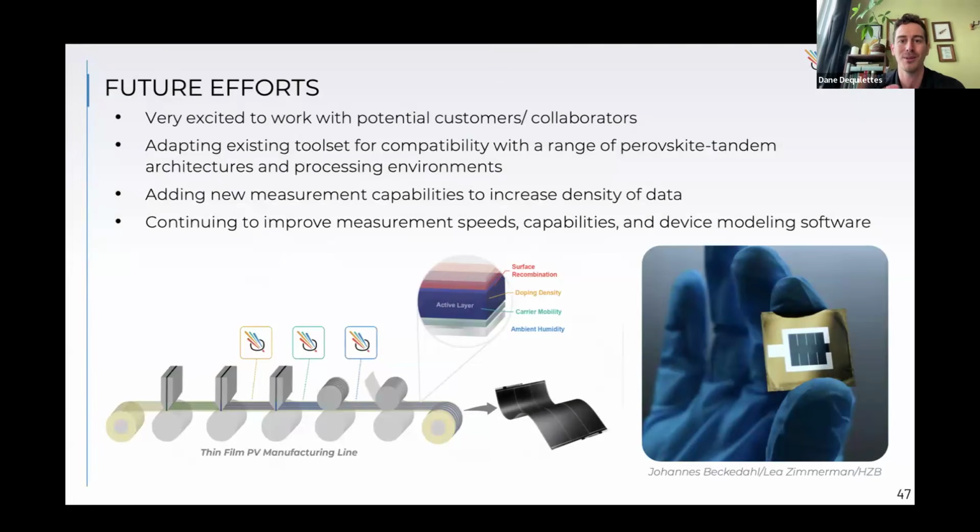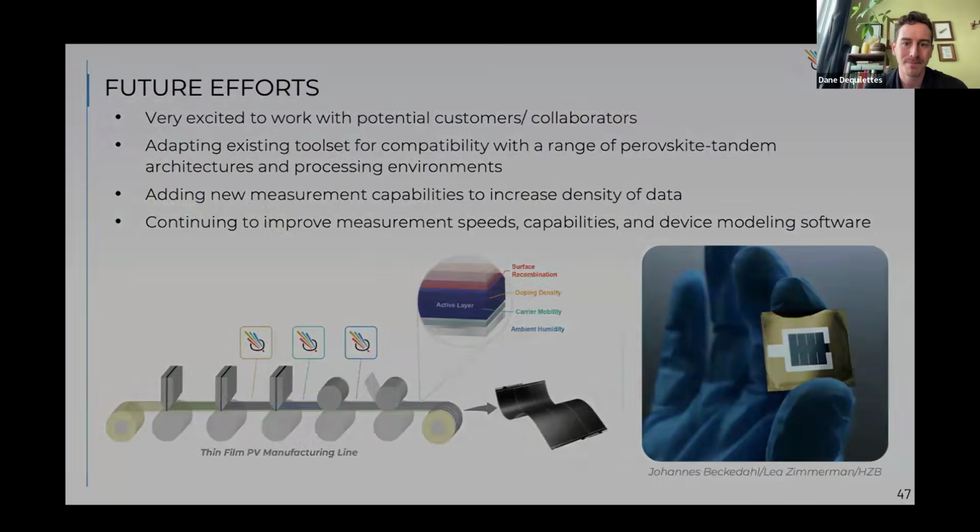We're continuing to improve the tools so that they work well for perovskite tandems. And we're adding new measurement capabilities such as Raman, thickness measurements, and in the future X-rays as well, to increase the density of the data, and also improving measurement speeds and capabilities.